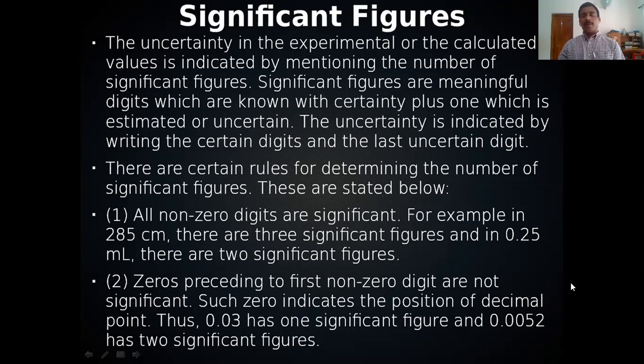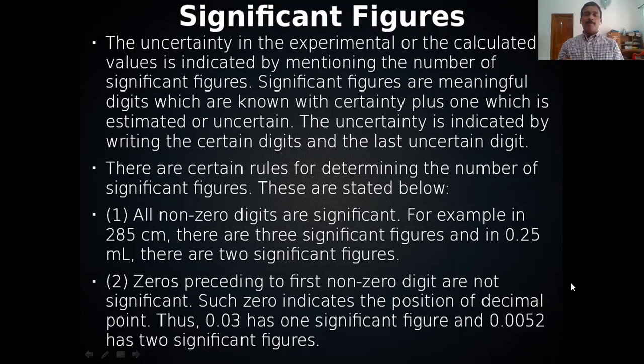That is significant. So in significant figures, we will consider certain figures as significant. Which are the figures? Figures known with certainty and the last uncertain digit also will be considered in it.